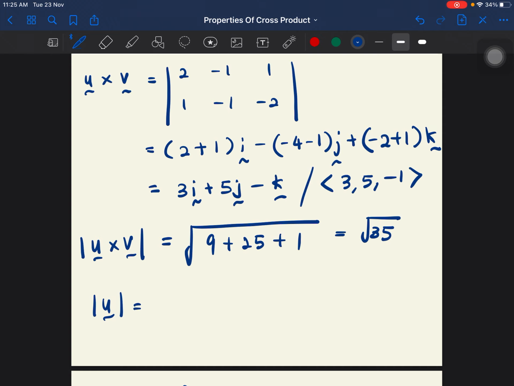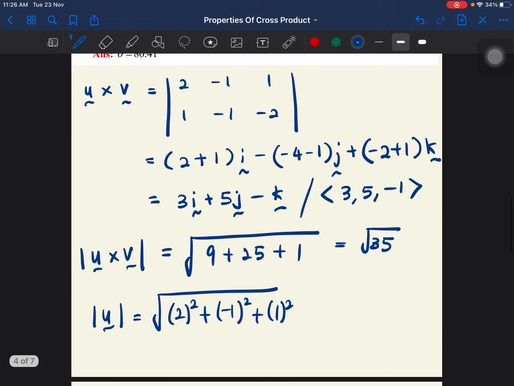Okay, the next one, you need to find the magnitude of U. The magnitude of U is equal to the square root of 2 squared plus negative 1 squared plus 1 squared, which is equal to square root of 6.